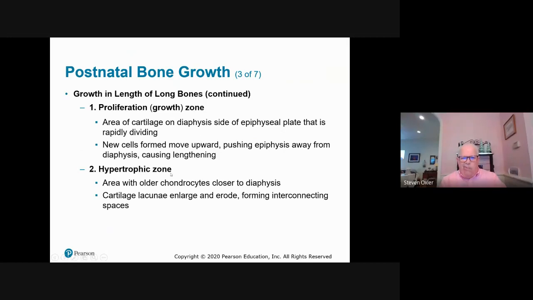The hypertrophic zone is basically an area where older chondrocytes are closer to the diaphysis, because as bone grows, the chondrocytes go inside medially into the bone.